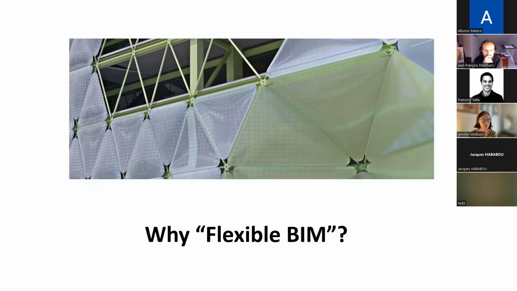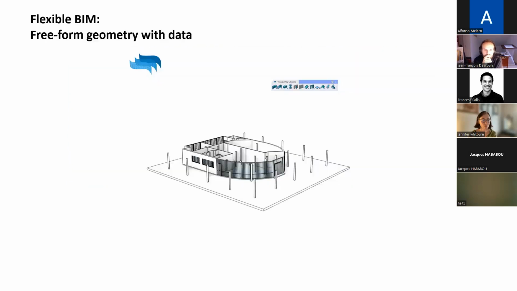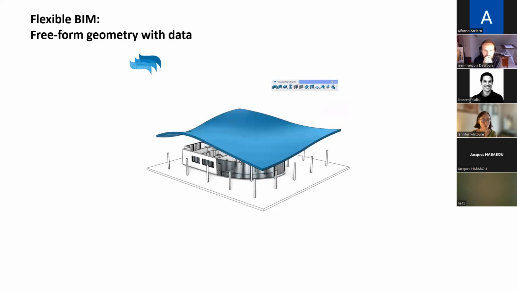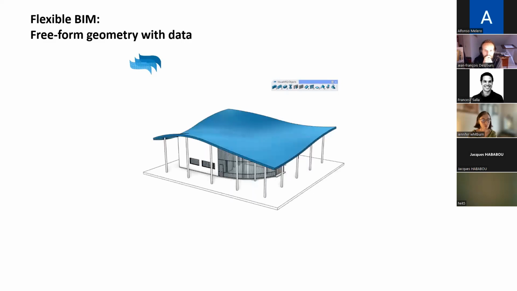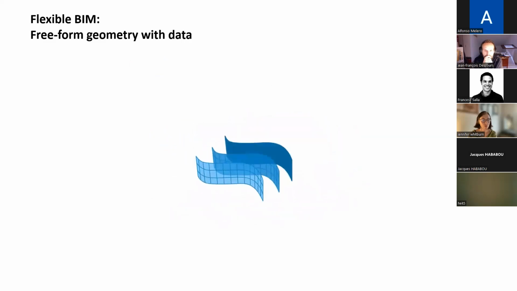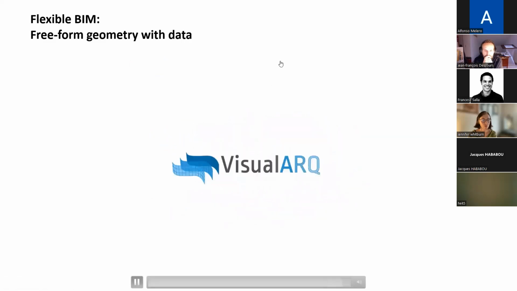So first of all, since VisualARQ works on top of Rhino, which is capable of creating any freeform shape, we can also produce BIM objects from freeform shapes. We can create roofs from surfaces and extend walls to these surfaces, or as we have seen, we can tag Rhino geometry with data. So we work all the time with freeform objects, but with data.